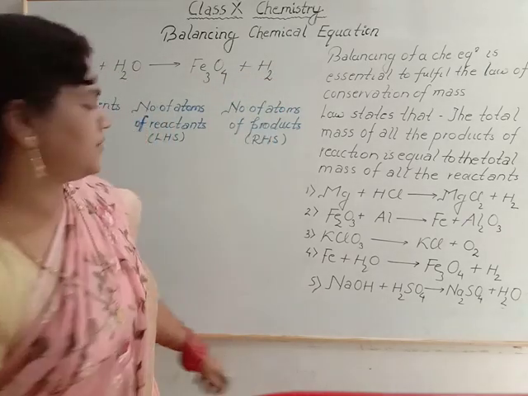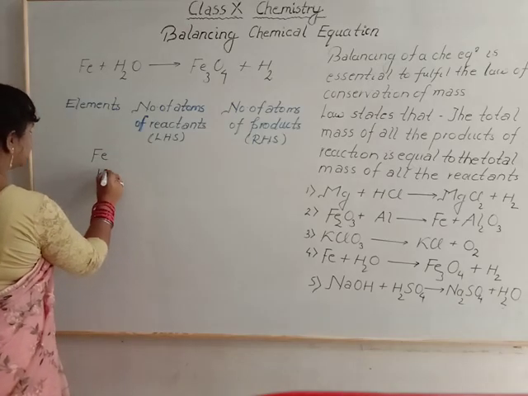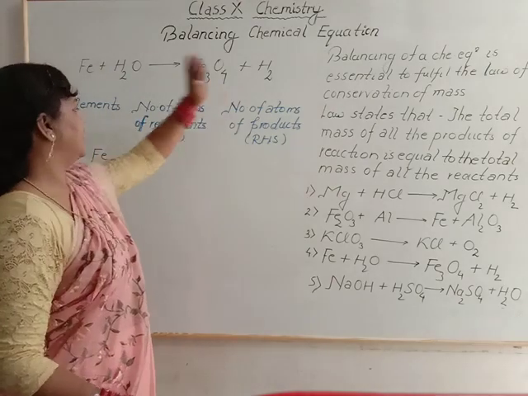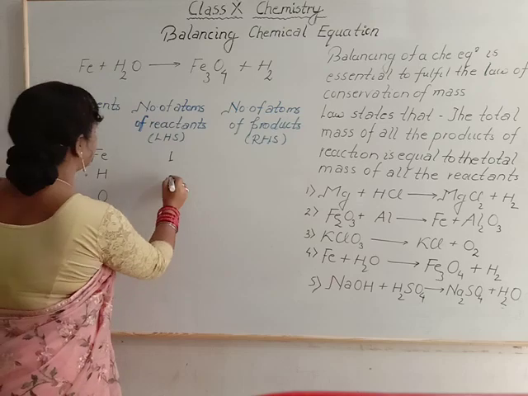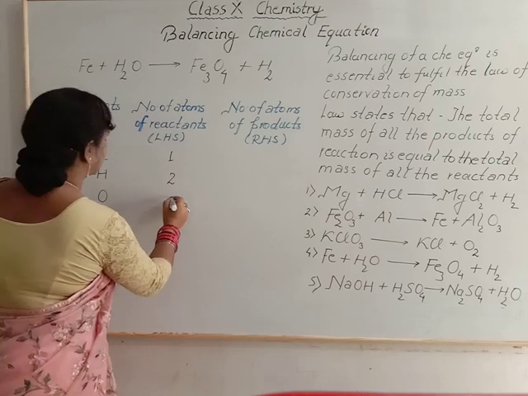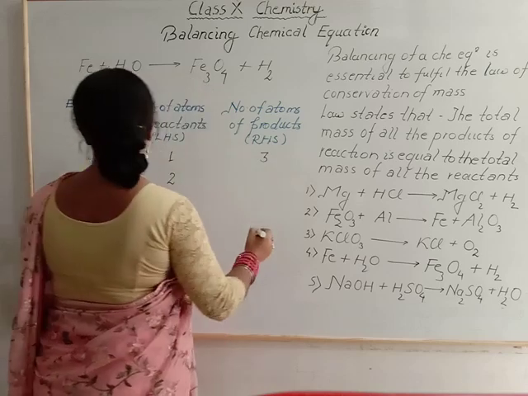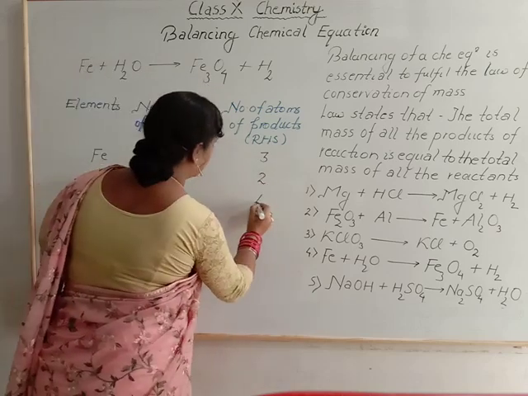Now here what is present? Iron, hydrogen and oxygen. Iron here is 1, hydrogen 2 and oxygen again 1. Now here iron 3, hydrogen 2 and oxygen 4.